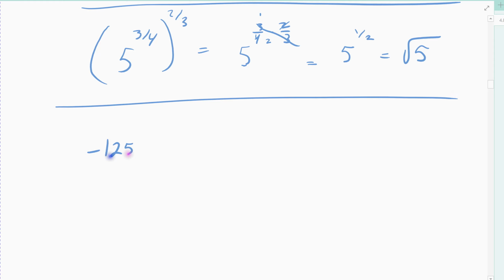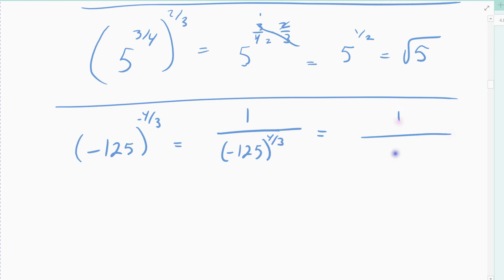Negative 125 raised to the negative 4/3. So first of all, I'm going to take care of the negatives. I'm going to move that down: negative 125 raised to positive 4/3, all in the denominator, which can be rewritten as 1 over, again, you could probably skip a few of these, but I'm going to do them in all of the steps.